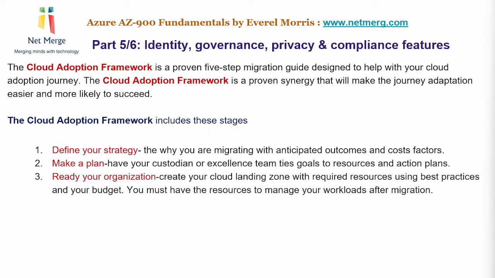Then you want to ready your organization. You want to create your landing zone with your excellence team with the required resources using best practices, and you could set your budget at this point. You must have the resources to manage your workload after the migration.